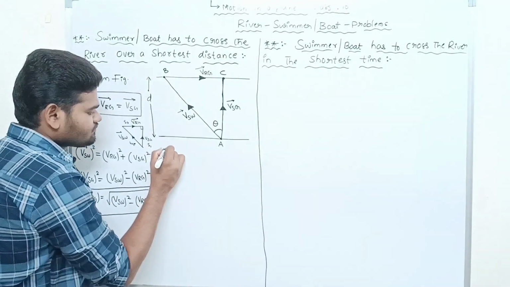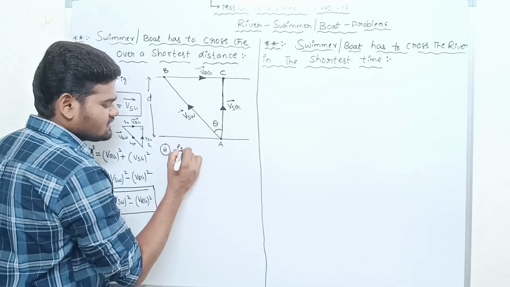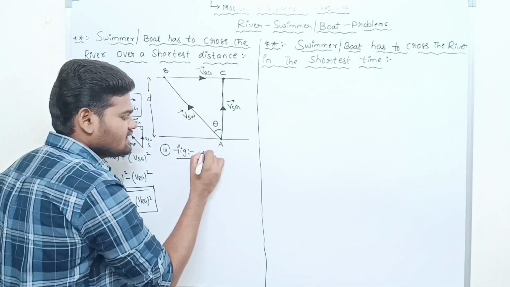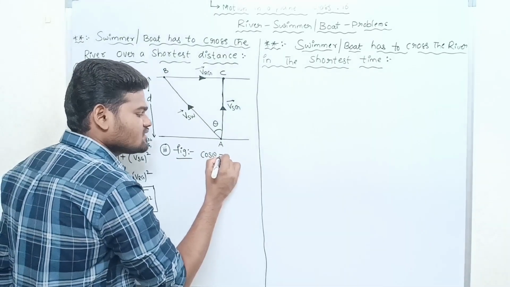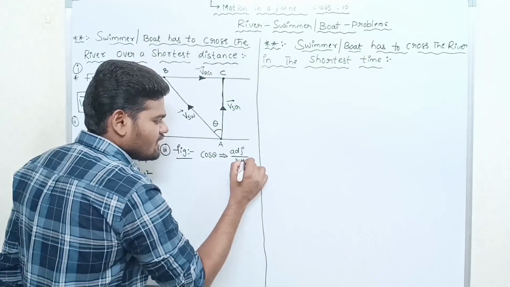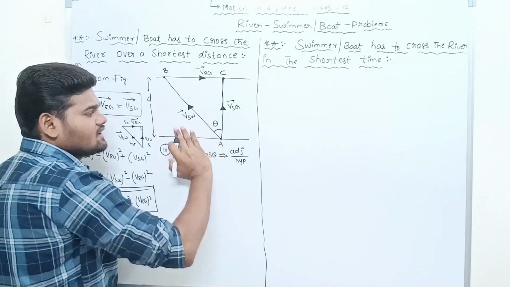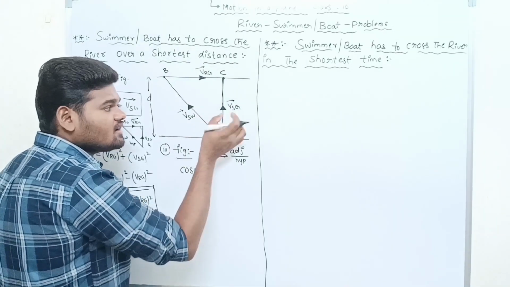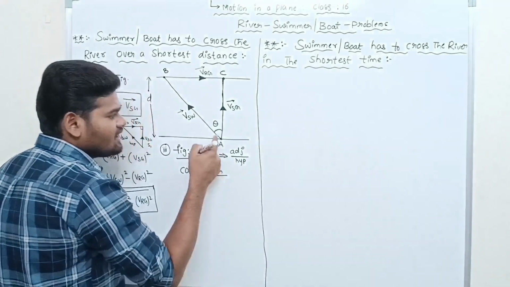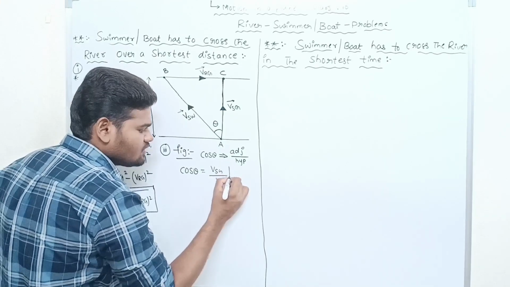So the third formula, again taking the figure. From the figure it is clear that cos theta is adjacent side by hypotenuse. Here we have theta, so the adjacent side along theta is VSG, divided by the hypotenuse, velocity of swimmer with respect to water.